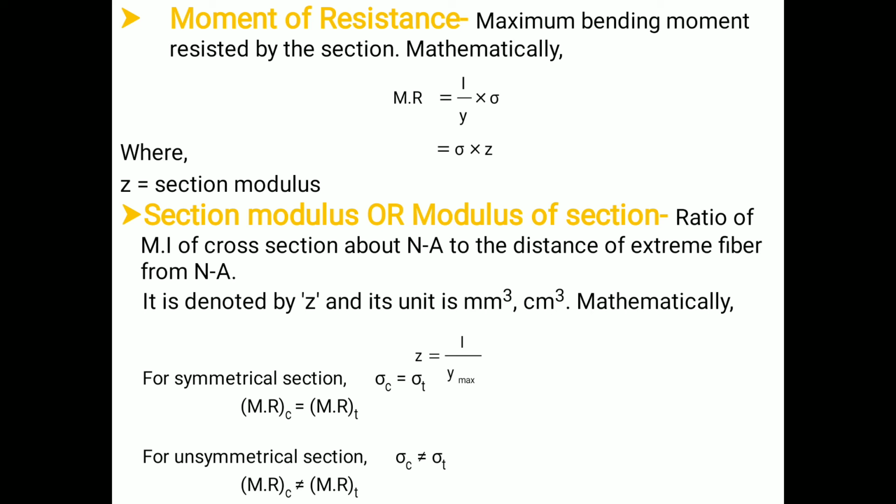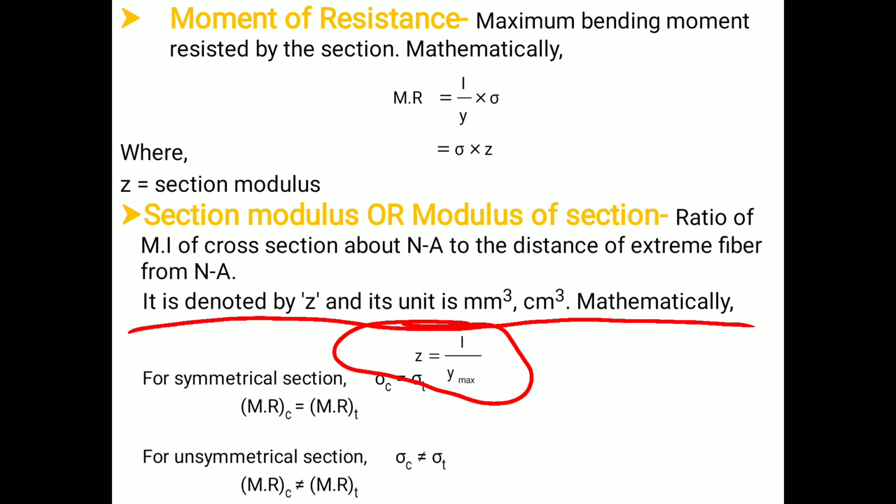It is denoted by the letter Z. The unit of I is mm to the power 4 and the unit of y is mm, so mm to the power 4 divided by mm gives the unit of section modulus as mm cube. Mathematically, section modulus is given by Z equal to I upon y max. We consider y max because it is the extreme fiber from the neutral axis.